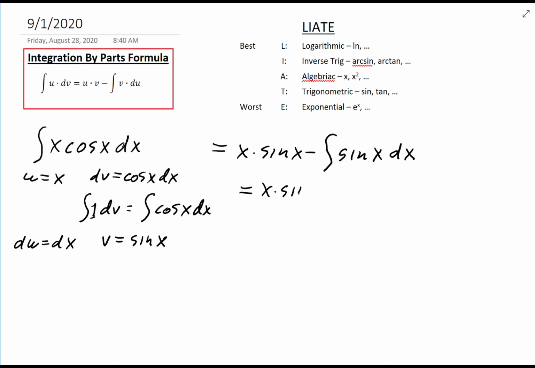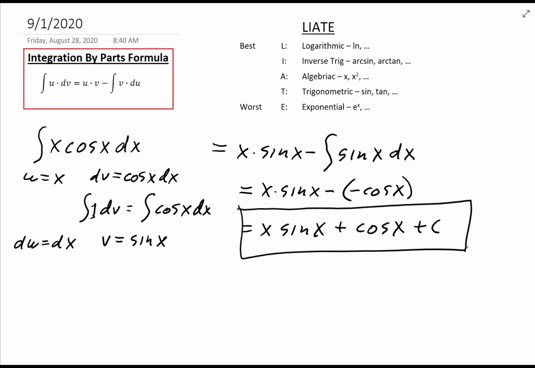So we get x times the sine of x minus the negative cosine of x. And those two negatives pair together to give us a positive. So here is the antiderivative of x times the cosine of x.